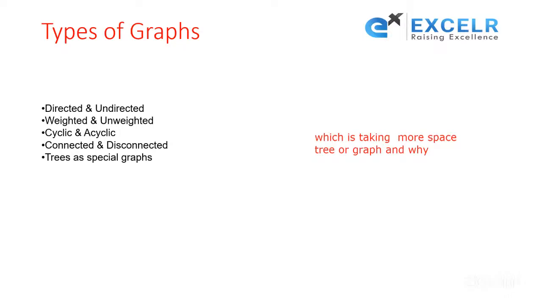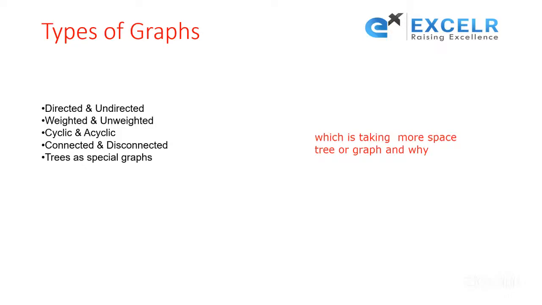See, if you remember now, whenever we are representing trees, how do we represent trees? We can represent trees using adjacency list. Same when we represent graph, we are making use of adjacency matrix or I can say adjacency list. And we can prefer adjacency lists because they are memory efficient.